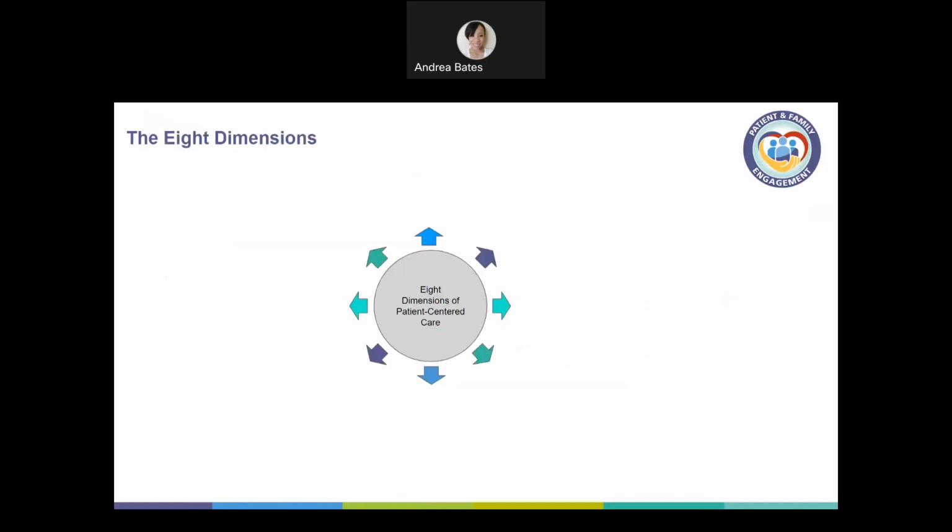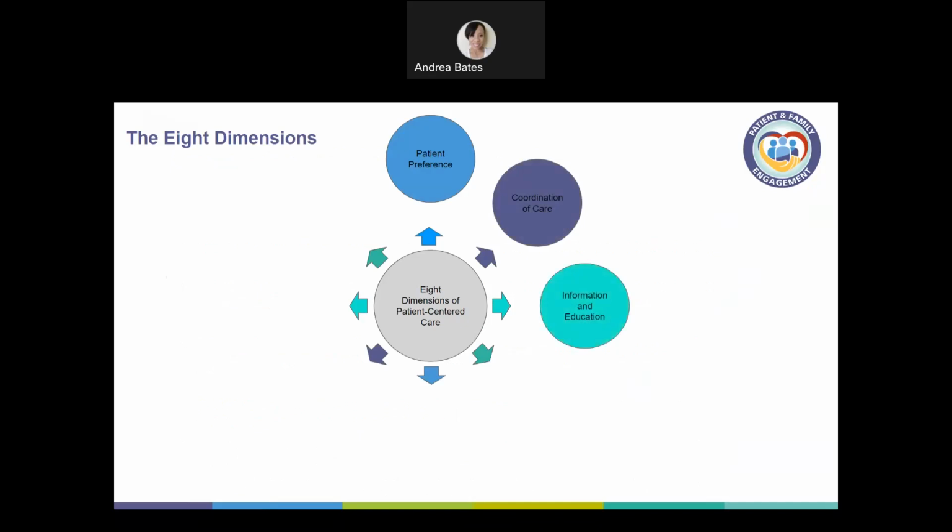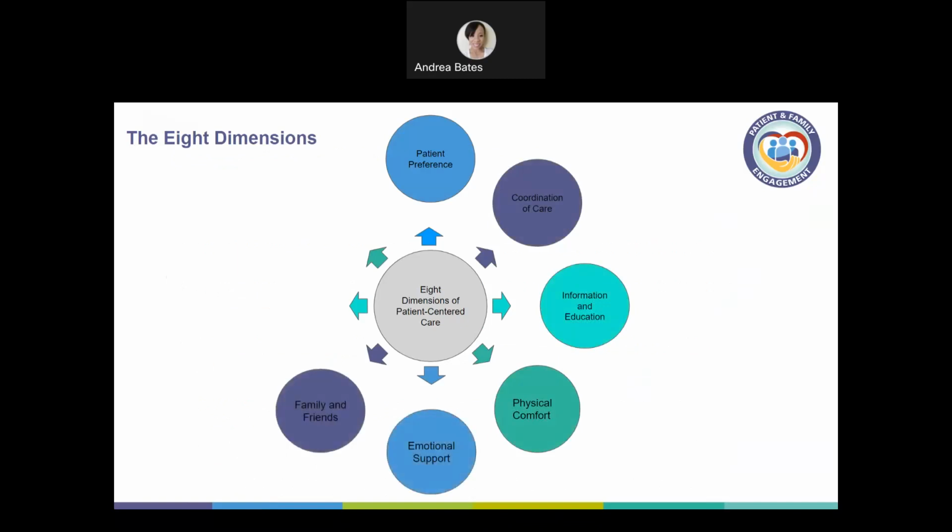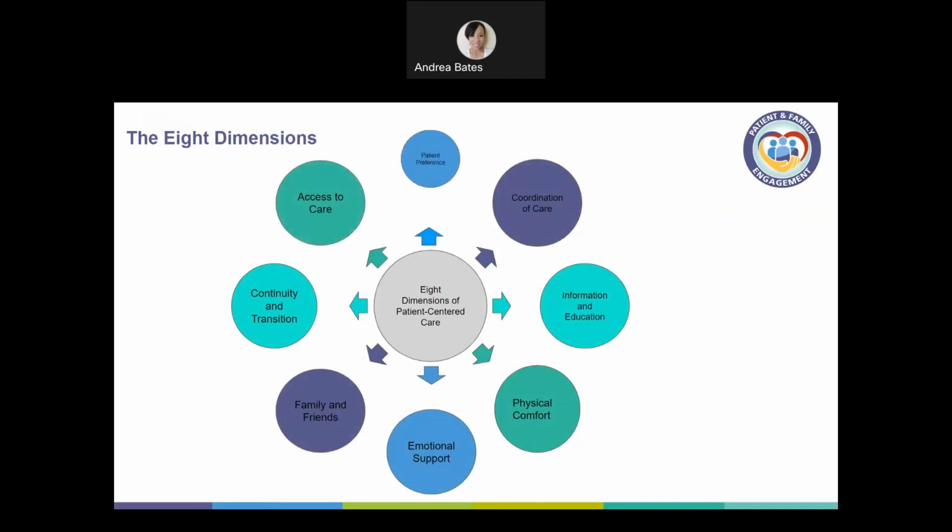So the 8 dimensions are patient preference, coordination of care, information and education, physical comfort, emotional support, family and friends, continuity and transition, and access to care.